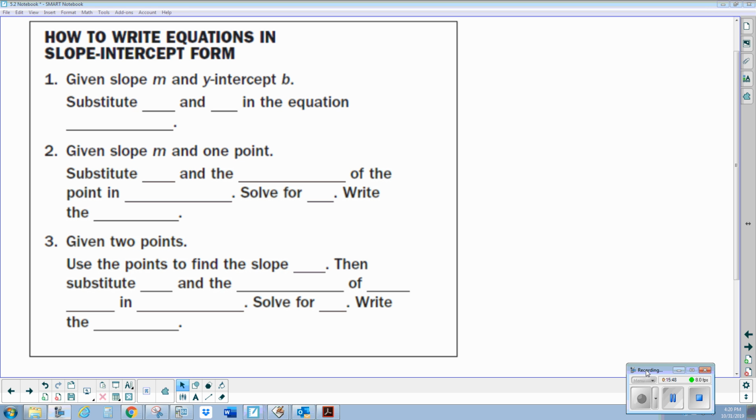Okay, so today we're just going to end with this key concept. And this key concept just outlines, again, how to write equations in slope-intercept form. So if we're given the slope, m, and the y-intercept, b, we can simply substitute, just like we did previously. So we can just substitute m and b into the equation y = mx + b.